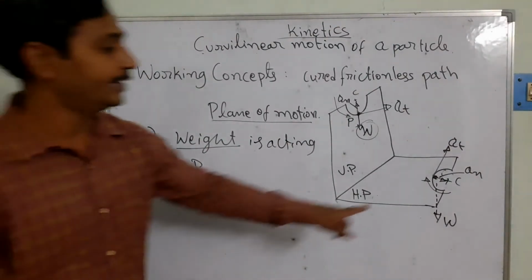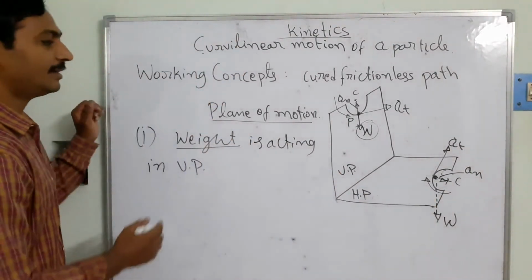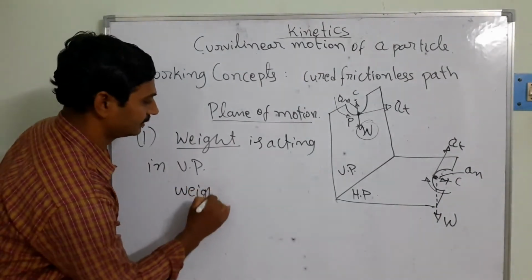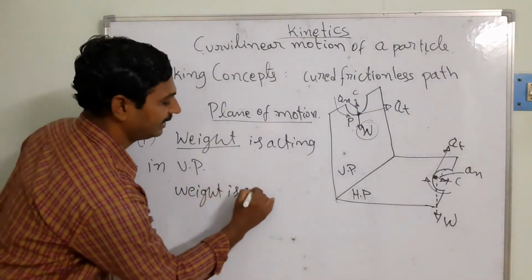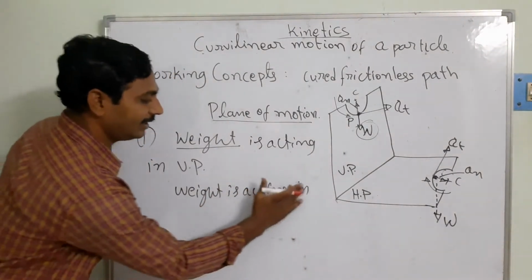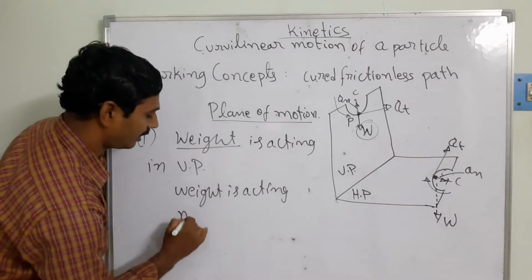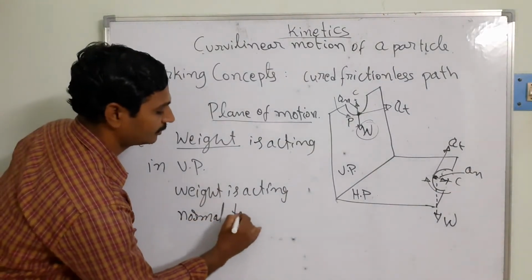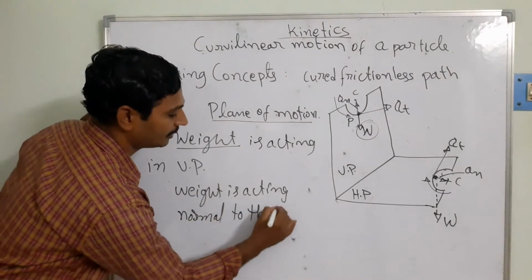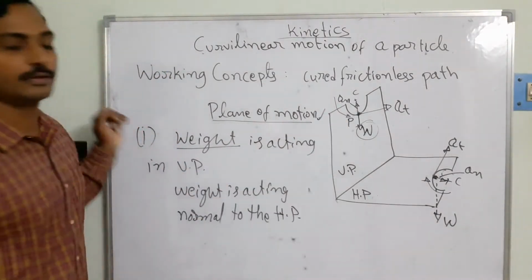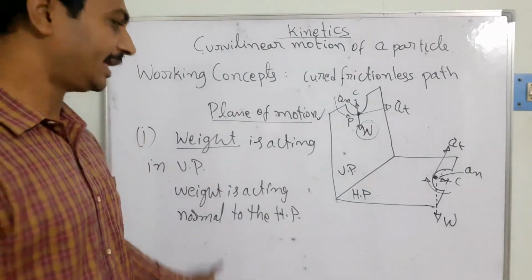But when it comes to here, the weight of the particle when it is moving in the horizontal plane is acting normal to the horizontal plane. Here the horizontal plane is nothing but the plane of motion. That's what we have seen.